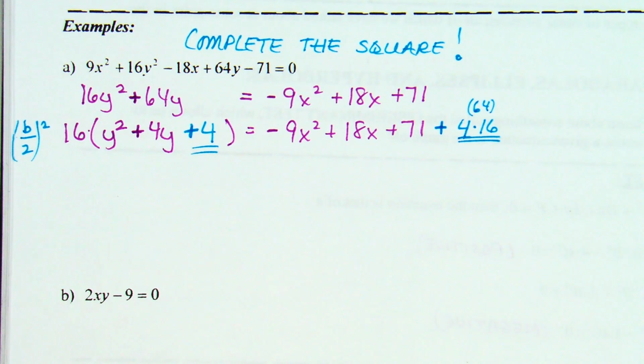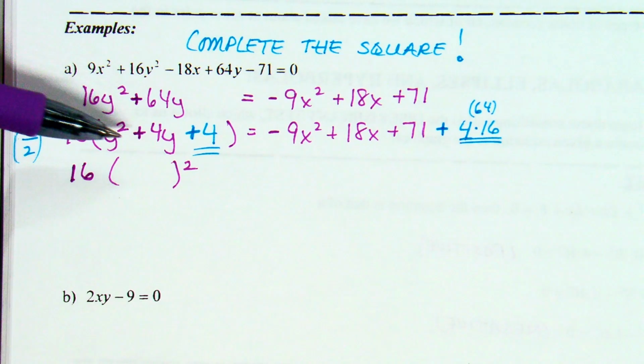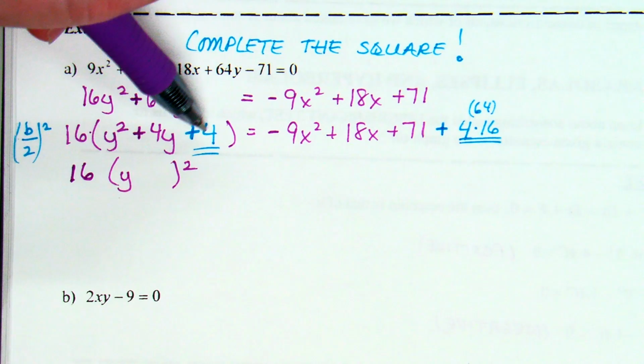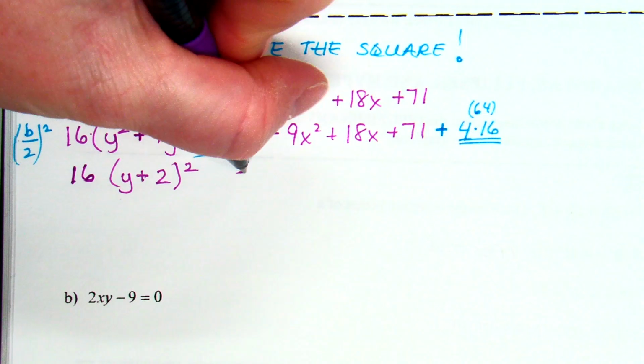Okay, what is always my goal after I complete the square? Next step after you complete the square is always to factor. Square root of y squared is y. Square root of 4? 2. Middle sign? Adding. Okay. Let's go ahead and clean up the right.